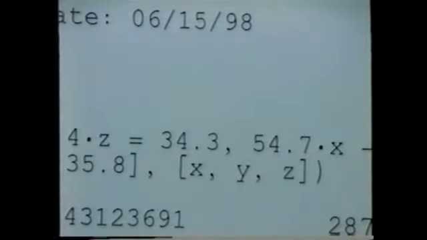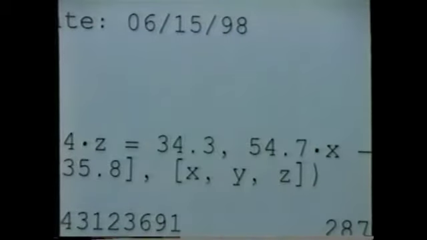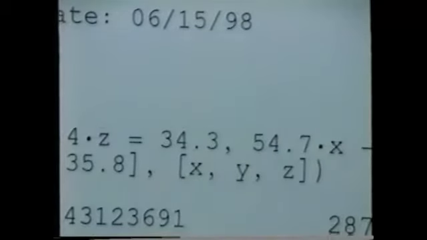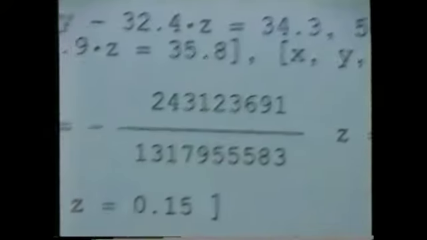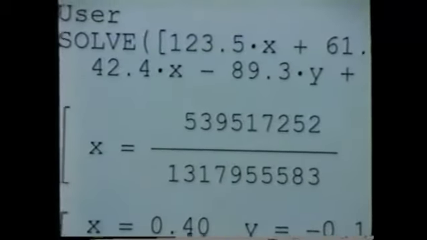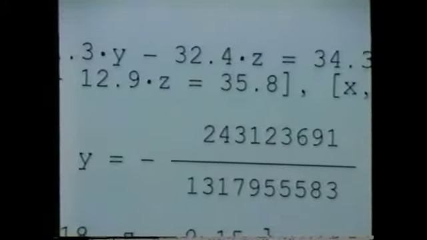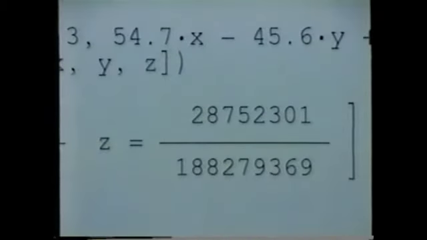And notice there is a comma here between your equation brackets and your variable brackets. Now I tell Derive to do a basic simplification. And Derive will give you what x is equal to, what y is equal to, and what z is equal to.